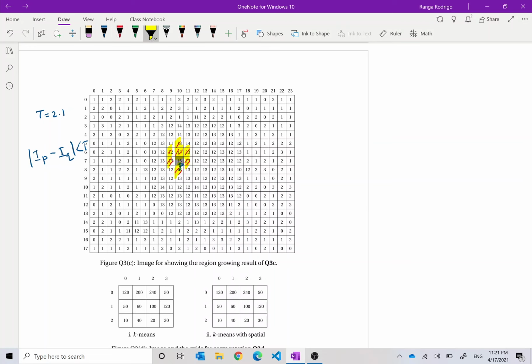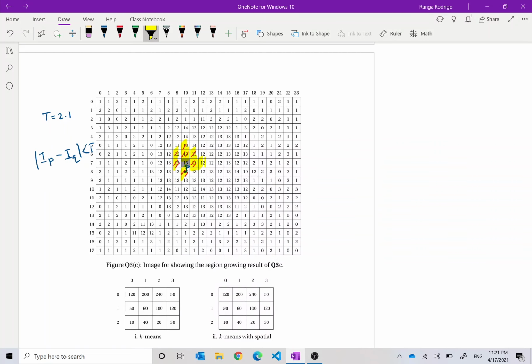Then let's take this pixel, which is 13, and consider its neighbors. 12 is the only neighbor that we have not considered, that gets into the segmentation. Now let's consider this pixel to the left of 15 and consider its neighbors. 13, we consider only the 4-neighborhood, the difference is less than 2.1, that gets segmented. Let's consider this pixel.